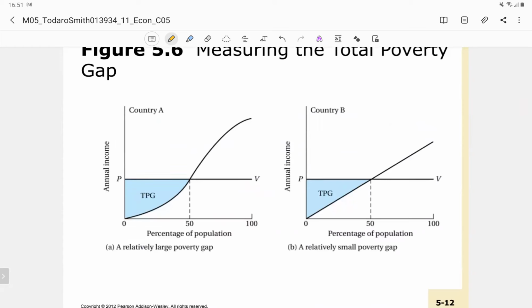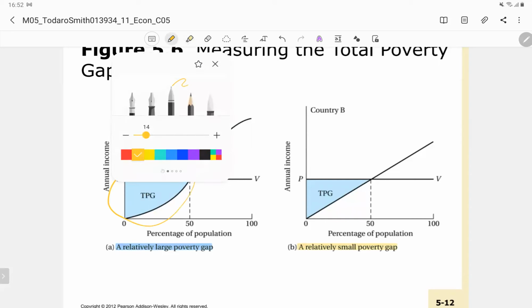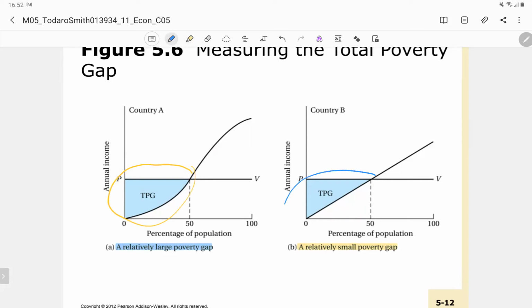So this is an illustration of a relatively large poverty gap, and this is an example of a relatively small poverty gap. You can already see why this is larger, because the area here is bigger than the area here. Okay, so this is a relatively large poverty gap.